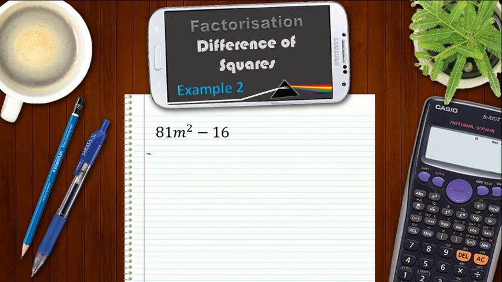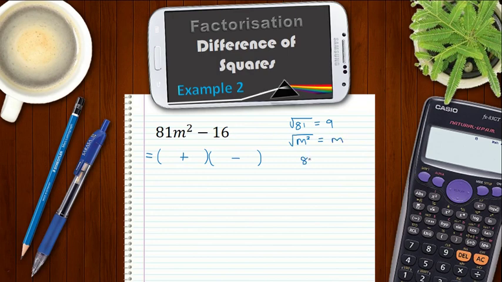All right, so what we do is we open two brackets. Then in the one bracket we're going to have a plus, and in the other bracket we're going to have a minus. So you simply take the square root of each term. Now we know the square root of 81 is equal to 9, and the square root of m squared is just m.